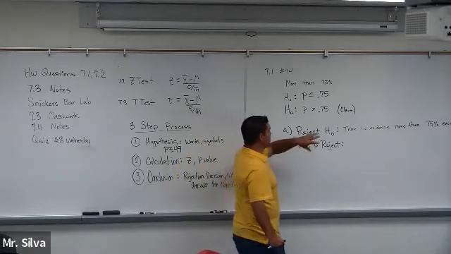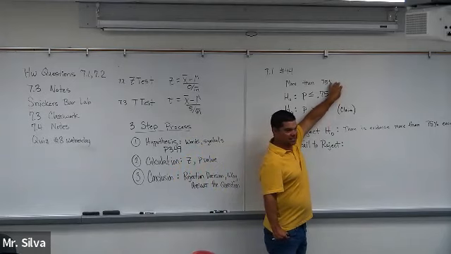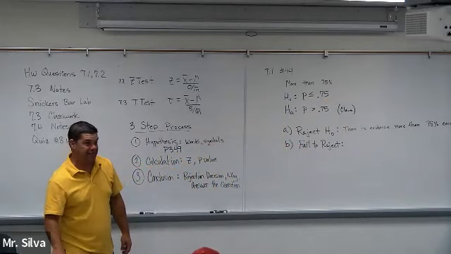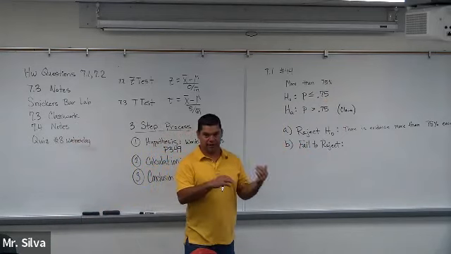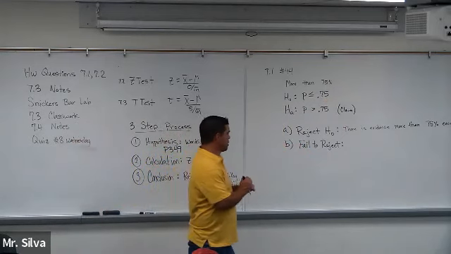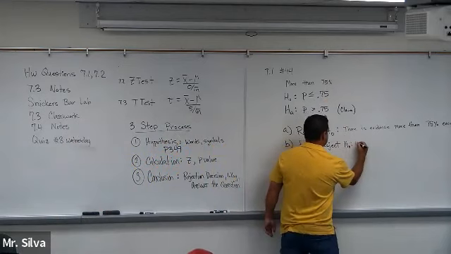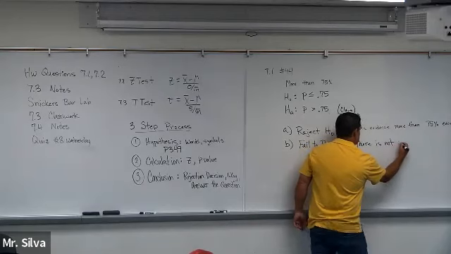Because sometimes the claim will be your H0. There's a couple problems where the claim is the null hypothesis. So we don't ever reject claims, we always reject H0 or fail to reject H0. So fail to reject H0, does that mean there's not enough evidence of HA?